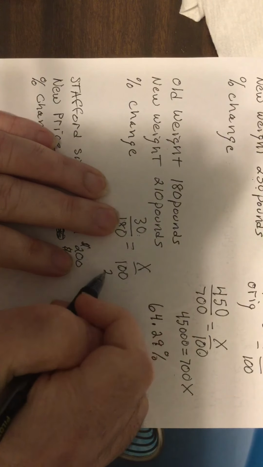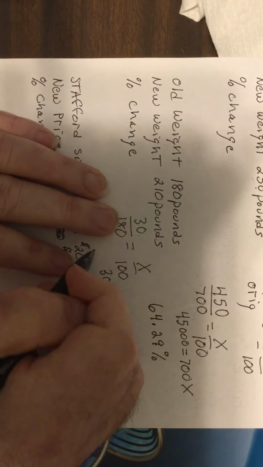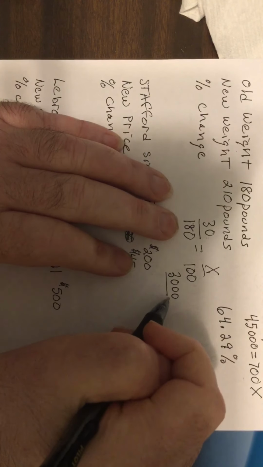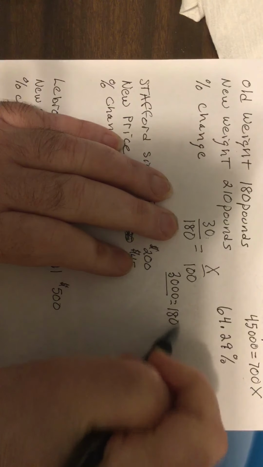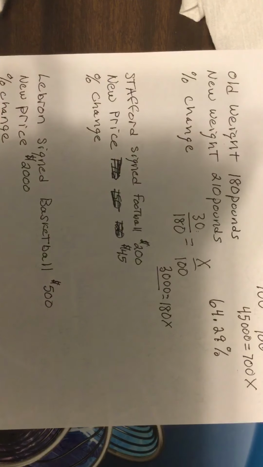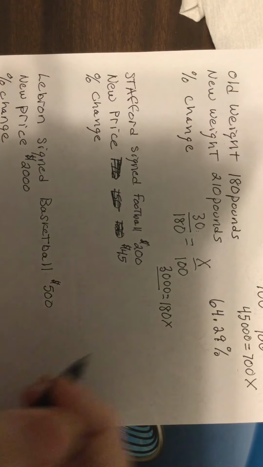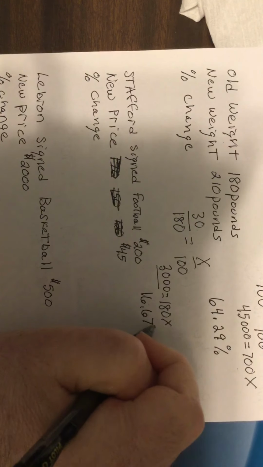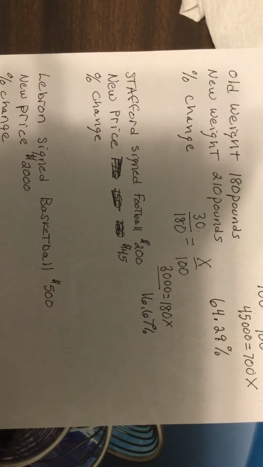So that's 3,000 if you multiply 30 times 100 equals 180x. So divide by 180, 3,000 divided by 180 is 16.67%. So they've added about 16% of their body weight.